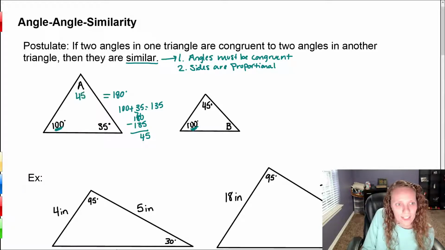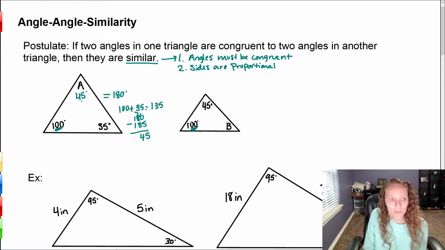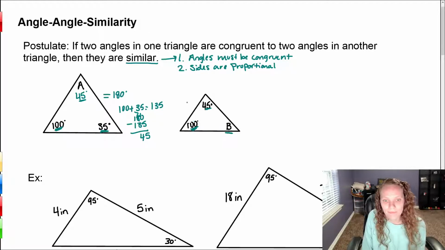And in this case, these are similar because we have 45 and 45. We have 100 and 100. And I'm very confident that letter B would also be equal to 35.